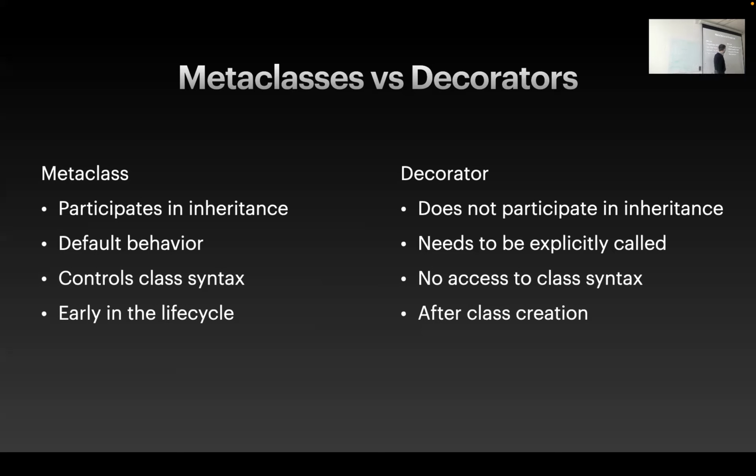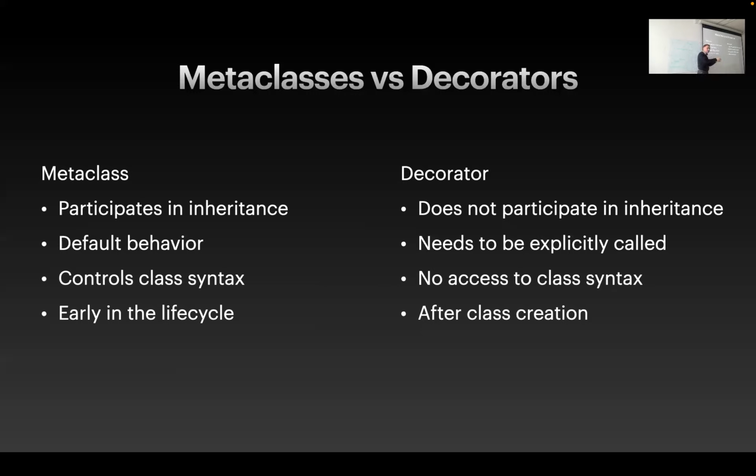The reason is that decorators act after the class creation, but metaclasses are actually early in the life cycle. You can inject yourself at every step of the life cycle of the class creation. And by the way, you can also create a metaclass of a metaclass, but I've never seen a use case for that.